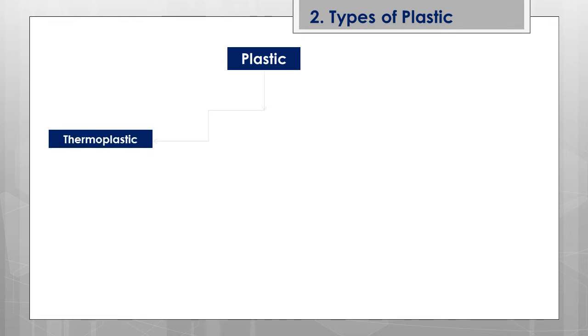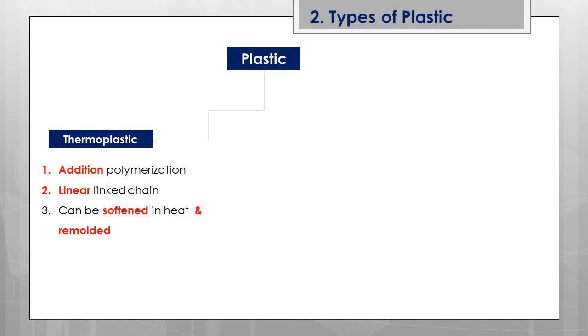The types: there are two different categories of plastics. One is thermoplastic. So what is thermoplastic? The process used for making a thermoplastic is addition polymerization.